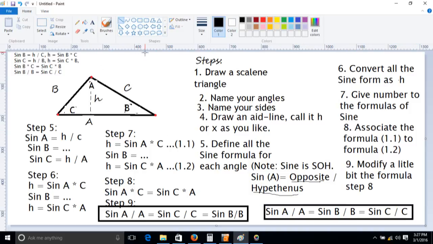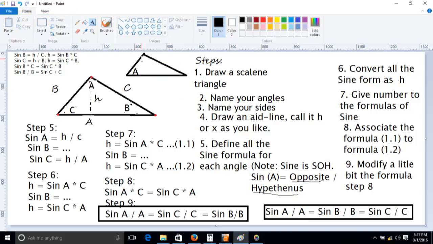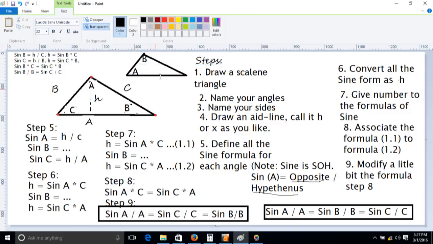The first triangle is like this. Let me make a triangle. The first triangle that we use: this is the A side, this is the A angle, this is the B angle, this is the C angle.